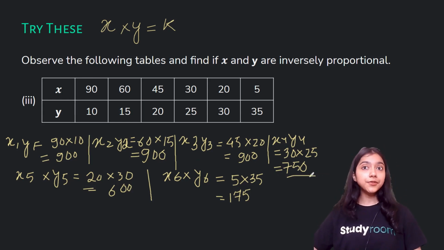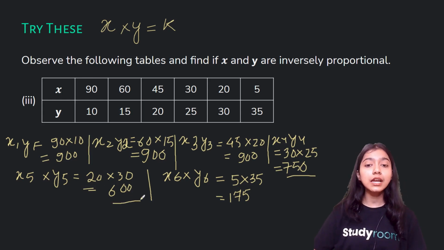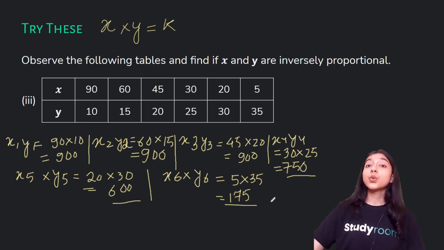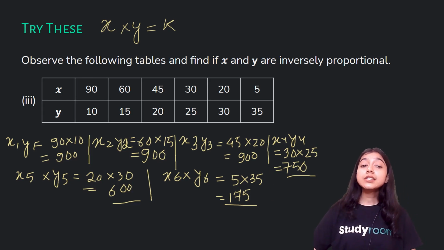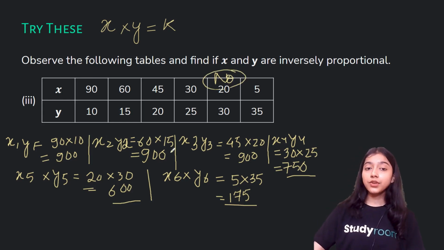It is becoming 750 in case of x4, y4, and in case of x5, y5, it is becoming 600 and then 175. So we can see that the product of x and y is not a constant. So x and y will not be in inverse proportion with each other. The answer will be no.